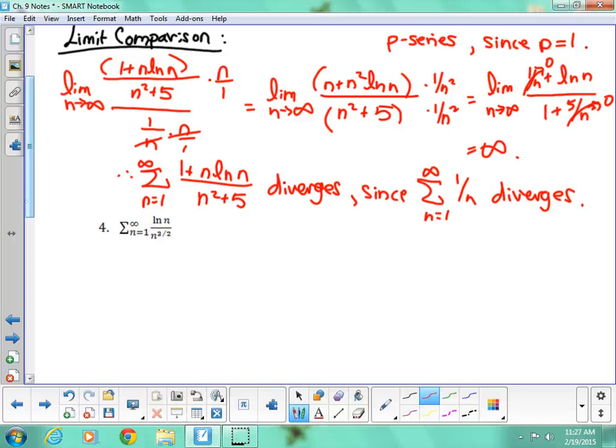If you think about what I did before, it had an ln, but I didn't worry about the ln. Maybe that'll give you a strategy. It had an ln, but I didn't worry about it. I compared to something without an ln, because ln's make everything complicated. Is that 3 over 2? Mm-hmm.